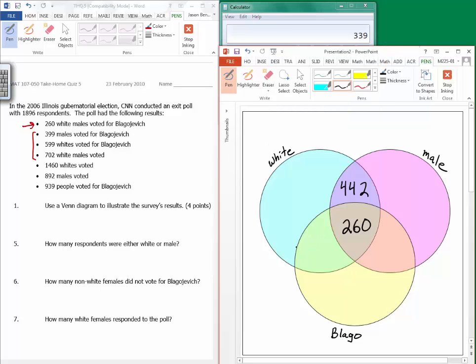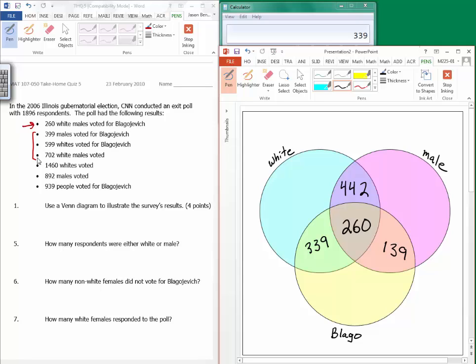So 339 is white and Blagojevich without the 260. And then males for Blagojevich is 200 less, 139. Those two numbers add up to the 399. So now we've got those four pieces of information taken care of.